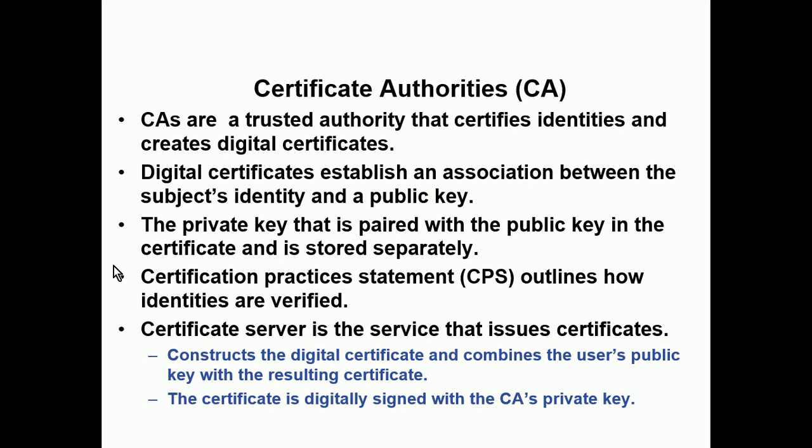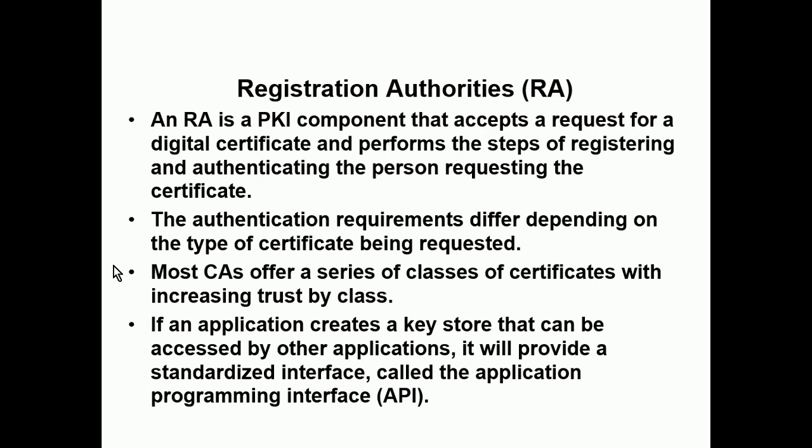The private key that is paired with the public key in the certificate is stored separately from the certificate, I should say. So we create that certificate. A CA is basically a central repository where you can obtain these certificates for users and verify their public key.